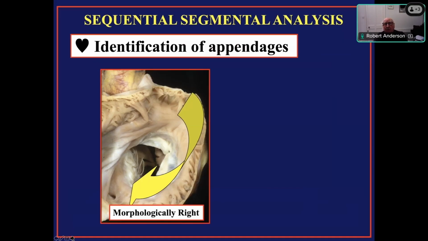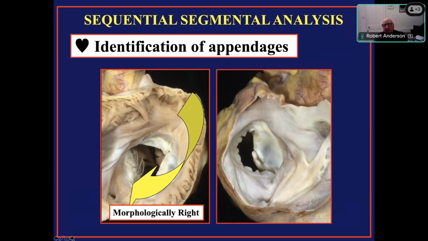And that is what makes this atrial chamber morphologically right. If you compare that with the chamber on the other side of the heart, the pectinate muscles are confined within the tubular appendage. The vestibule is smooth, and that makes this chamber morphologically left.